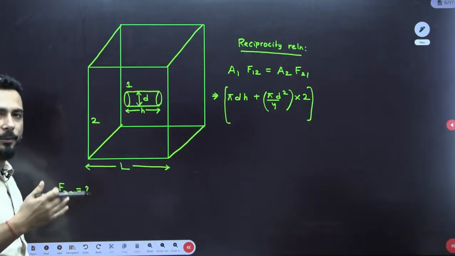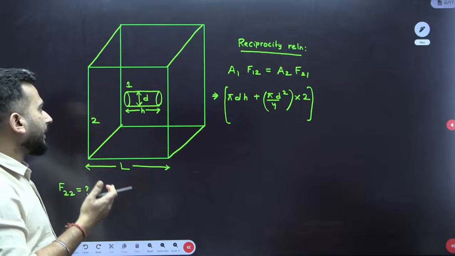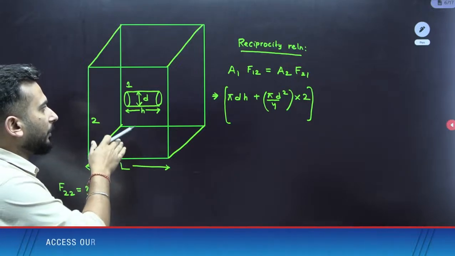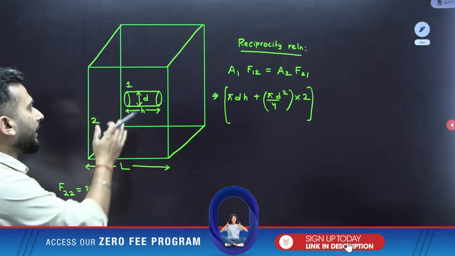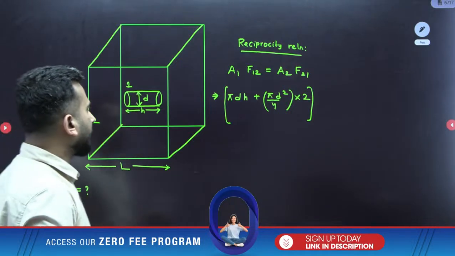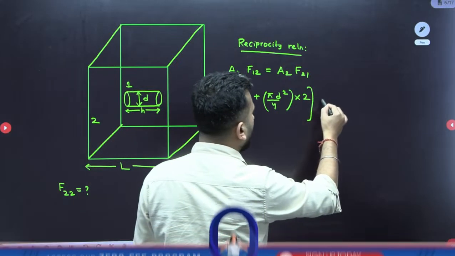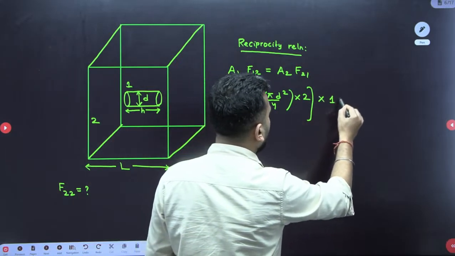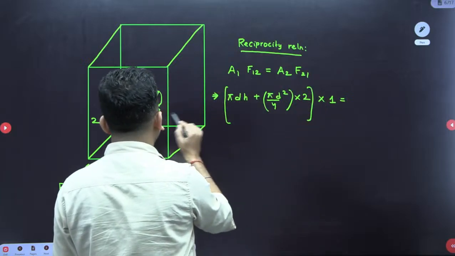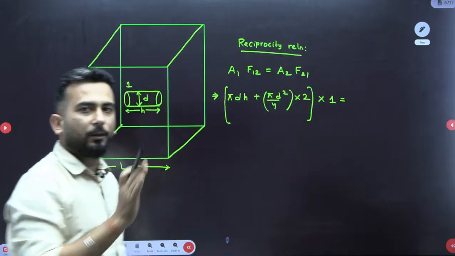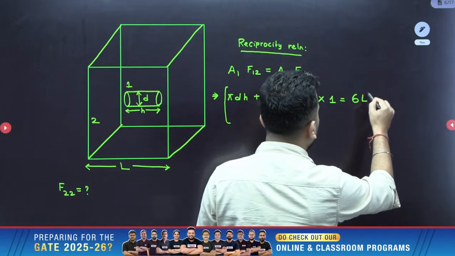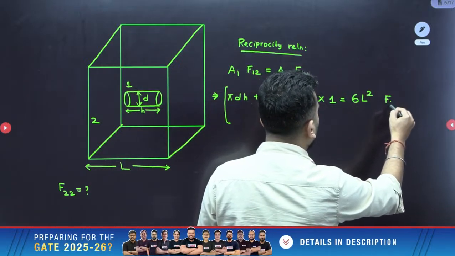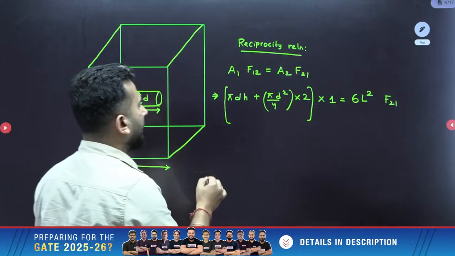For the outer surface of the cylinder, all the heat will be intercepted by the cube. None of the heat will be intercepted by the cylinder itself. So this value will be 1. What about A2? A2 means the internal surface area of the cube, so it will be 6L square, and F21 is what we need to find out, right?